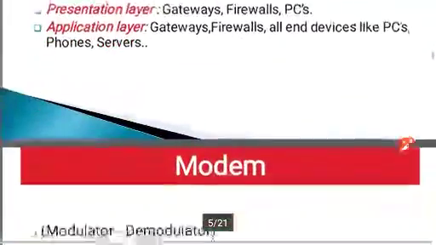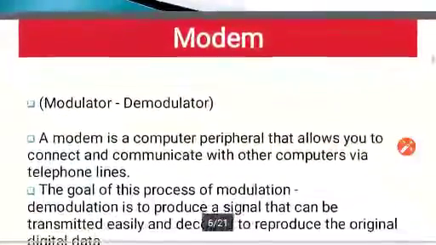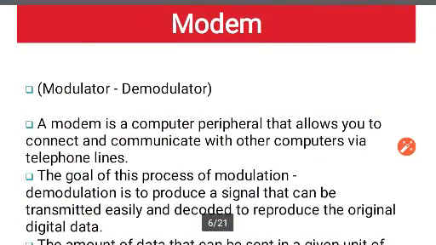Now, let us start with the network devices one by one, starting with the modem. It stands for modulator and demodulator. A modem is a computer peripheral that allows you to connect and communicate with other computers via telephone lines.